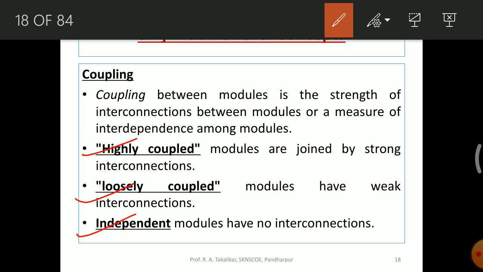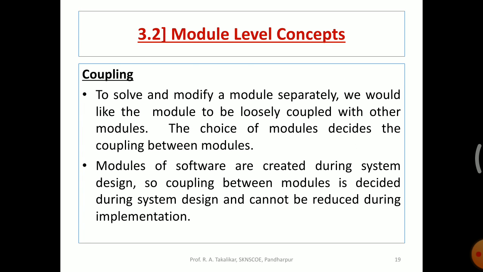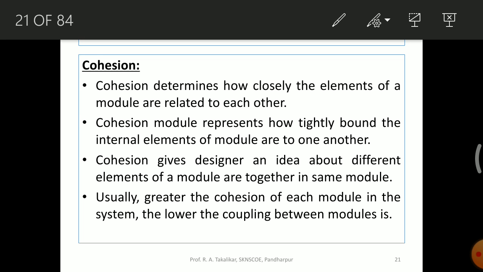So coupling tells the relation between two different modules from the external side, whereas cohesion shows the relation between the elements which are within a particular module, how closely the elements of a module are related, that is cohesion.